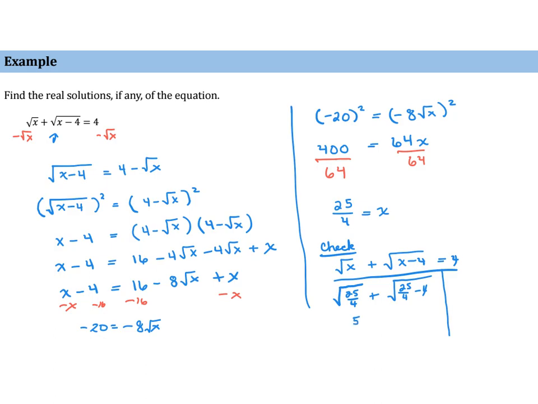So that yields 5 halves plus the square root of 25 fourths minus 4, which will be 25 minus 16 over 4. So 25 minus 16 is 9. So we get the square root of 9 fourths. So we get 5 halves plus 3 halves, which is 8 halves, which is 4. So that's true. So indeed our answer is 25 fourths.